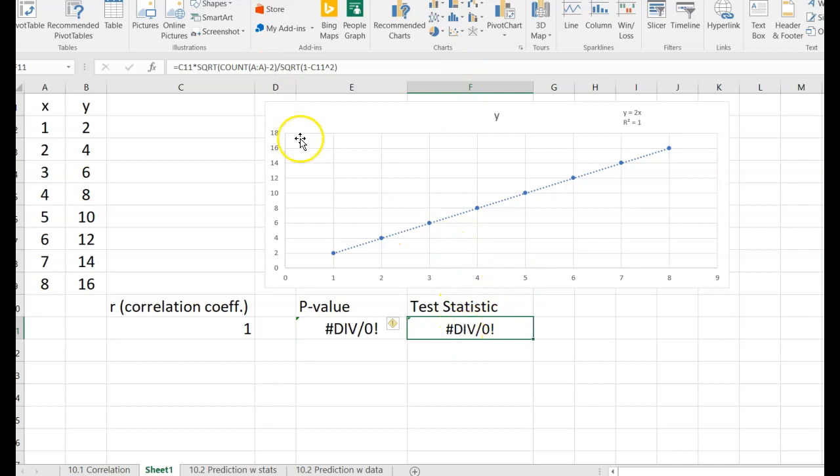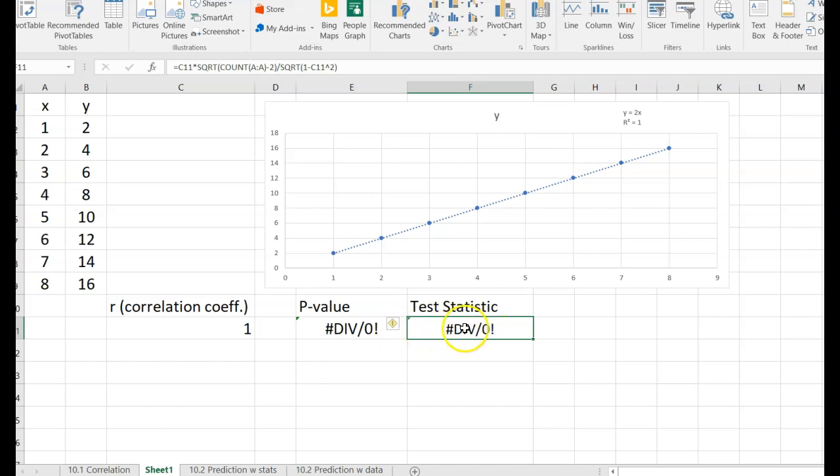And the test statistic has 1 minus C11 squared. C11 is this number. So 1 minus 1 squared is 0, and we're dividing by the square root of 0, which is 0. So we're dividing by 0. Once that can't be computed, this can't be computed. And what this means is our test statistic is basically infinite.